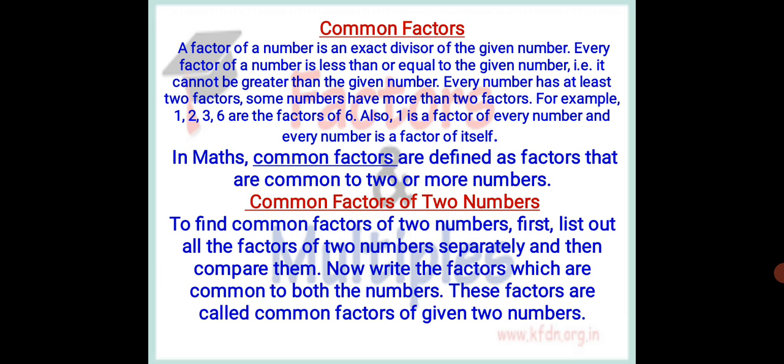Now, write the factors which are common to both of them. These factors are called common factors of the given two numbers. In our last step, we take those numbers from the factors which are common to all of them. These are the common factors.